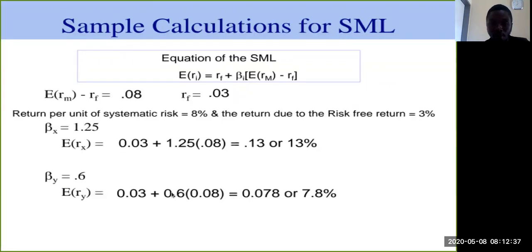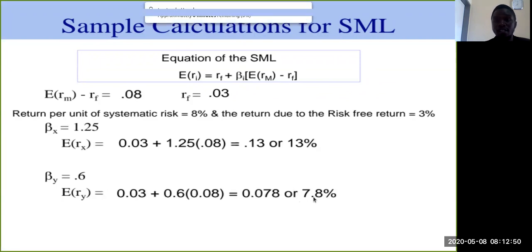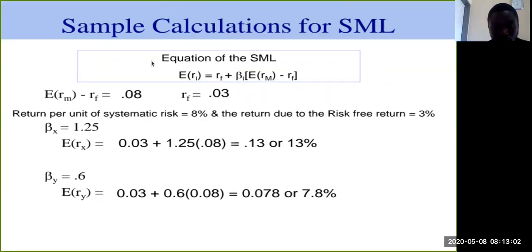When you multiply 0.6 by 0.08 and add it to 0.03, you get 0.078. And when you multiply this by 100, you get 7.8%.